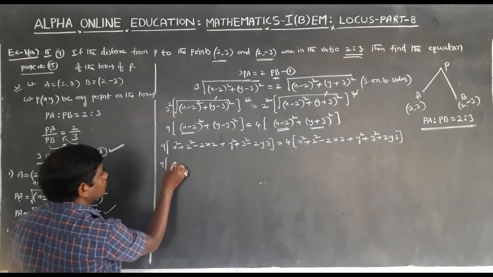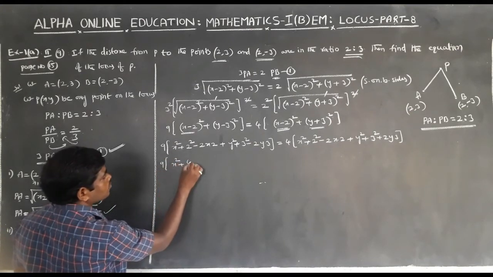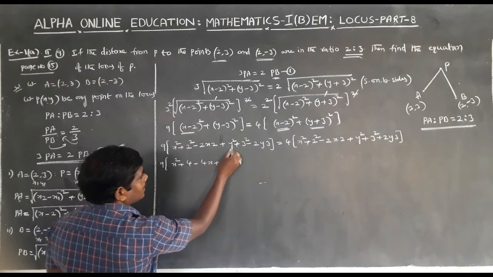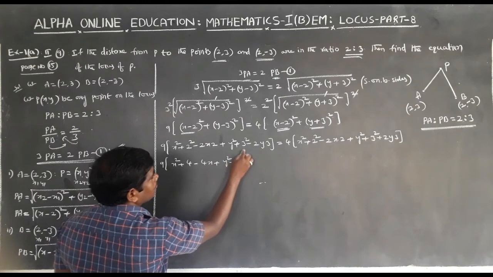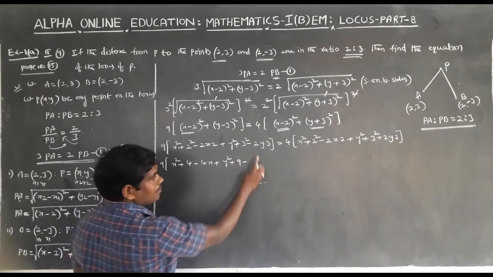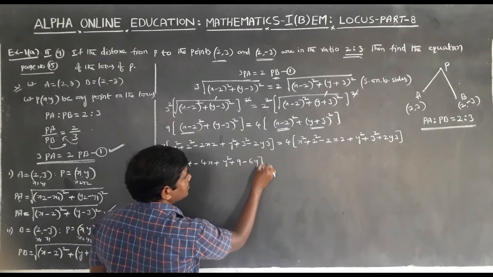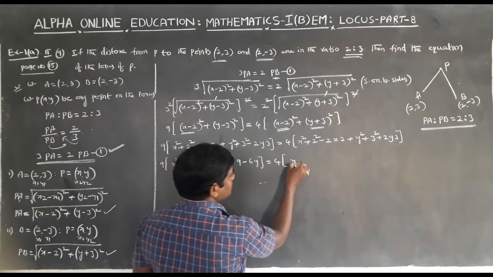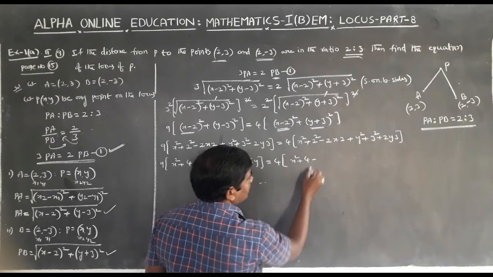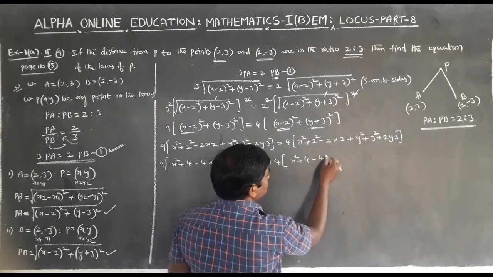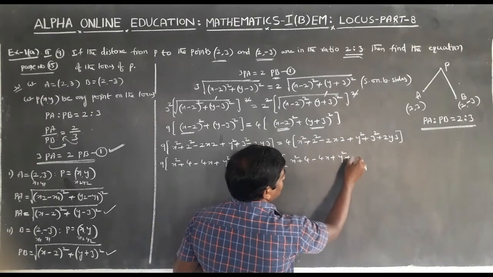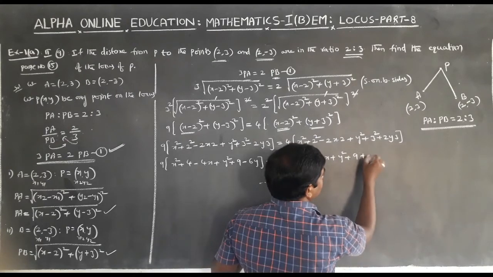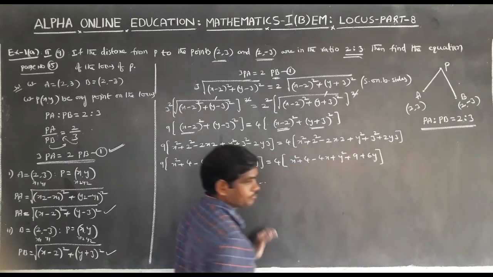So 9 into (x² + 2² − 2·2x) plus (y² + 3² + 2·3y) is equal to 4 into (x² + 4 − 4x) plus (y² + 9 + 6y).